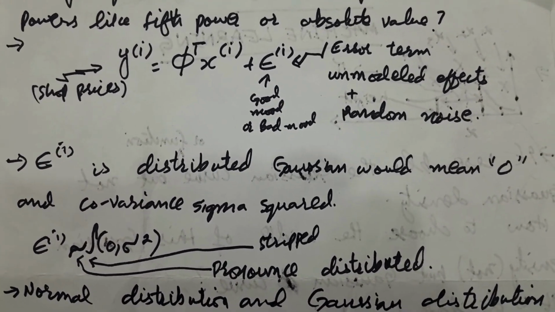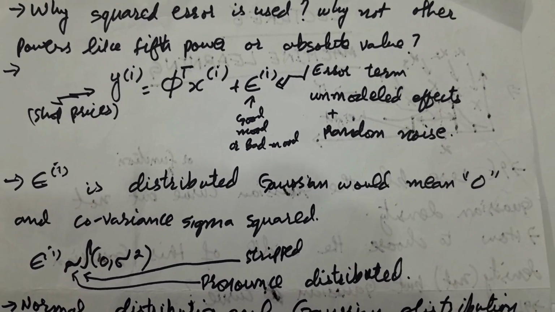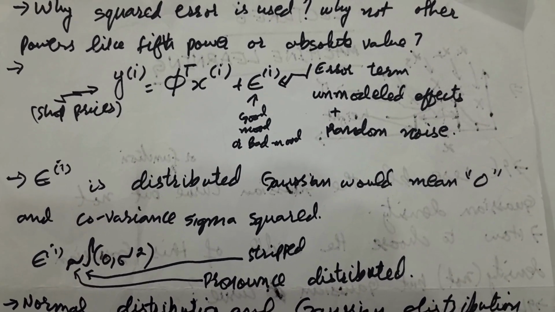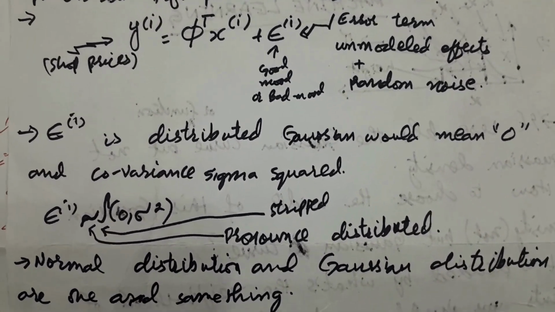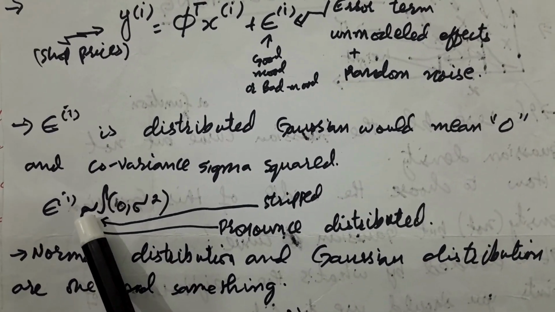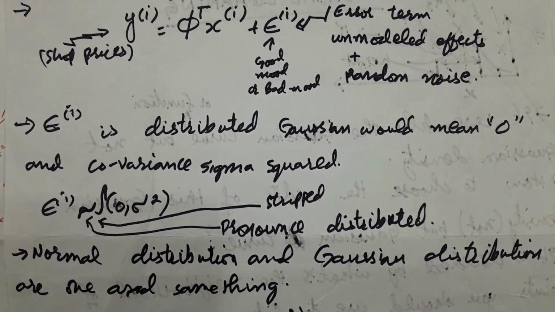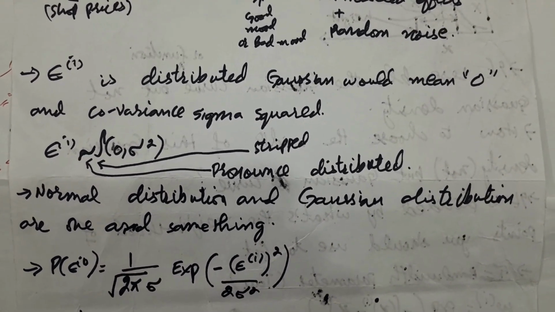Epsilon i is distributed Gaussian, with mean 0 and covariance sigma squared I. It is pronounced as distributed with mean 0 and sigma squared.